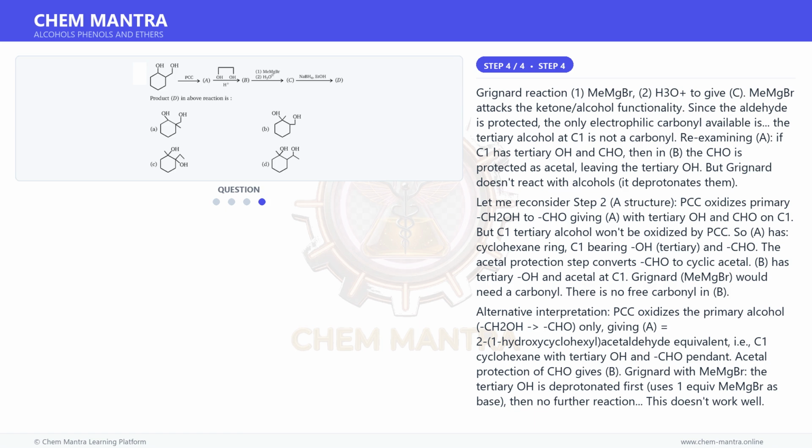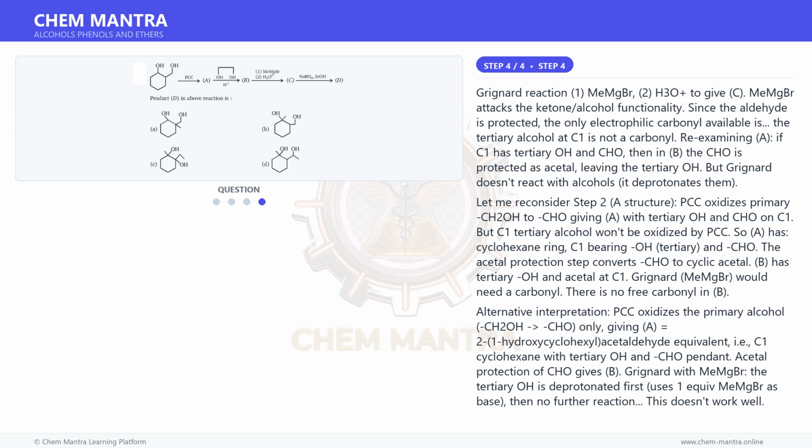C is 2-formyl-1-methylcyclohexan-1-ol, C1 tertiary OH plus methyl, C2 CHO. NaBH4 in EtOH reduces CHO to CH2OH. D is 2-hydroxymethyl-1-methylcyclohexan-1-ol. Structure of D: cyclohexane ring, C1 has OH and CH3, tertiary, and C2 has CH2OH.